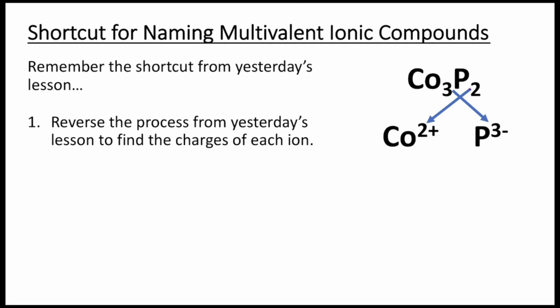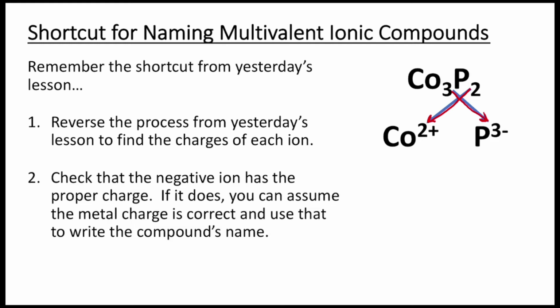The 2 from the phosphorus becomes a 2 plus charge on the cobalt, and the 3 on the cobalt becomes a 3 minus charge on the phosphorus. Check that the negative ion has the proper charge. If it does, you can assume that the metal charge is correct and use that to write the compound's name.